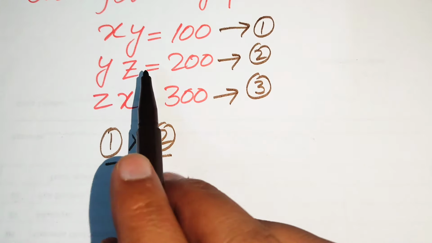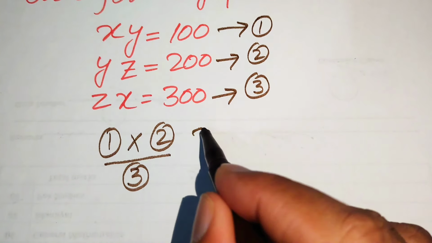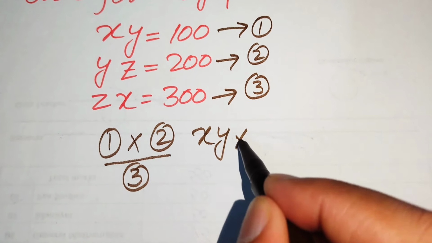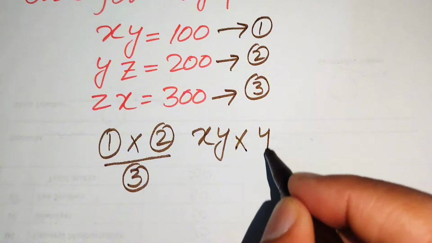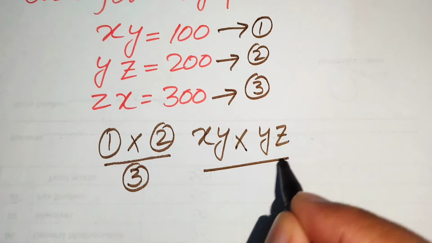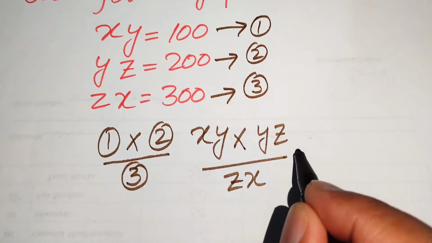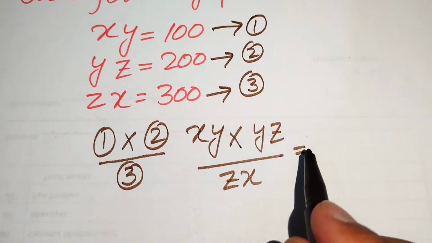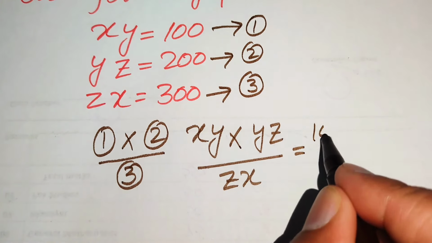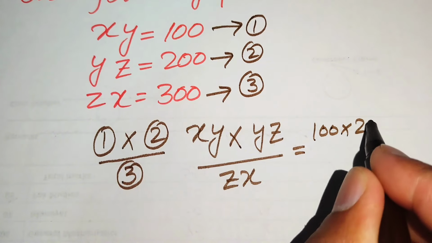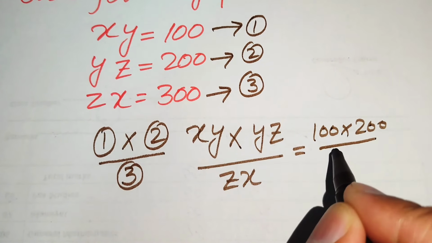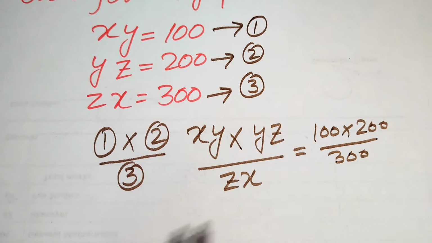So the left hand side of 1 is xy, the left hand side of 2 is yz, divided by the left hand side of 3, which is zx, equals 100 multiplied by 200 and divided by 300.